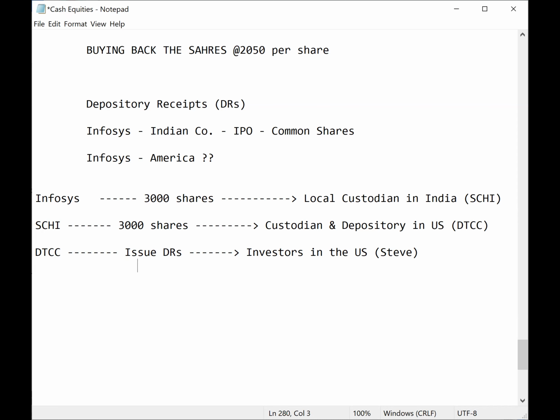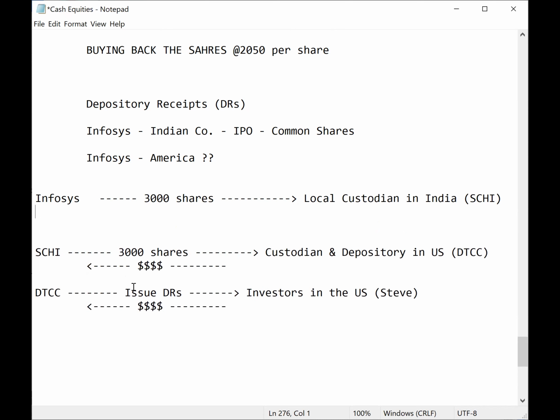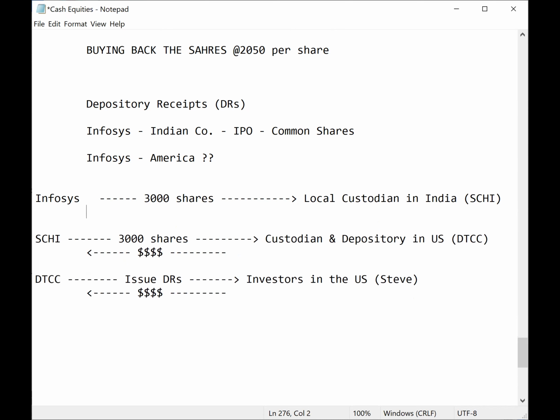And when they invest, the money that is going to come would go to the DTCC first. Then that money would be transferred to SHCI. That money would go to Infosys.